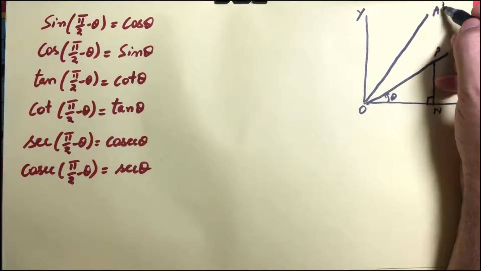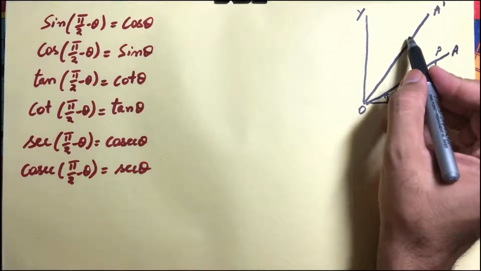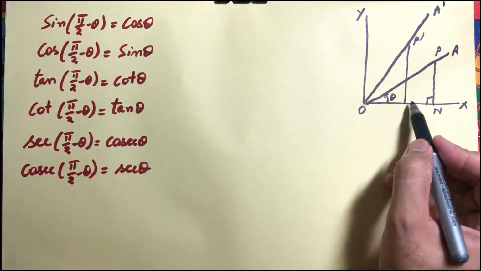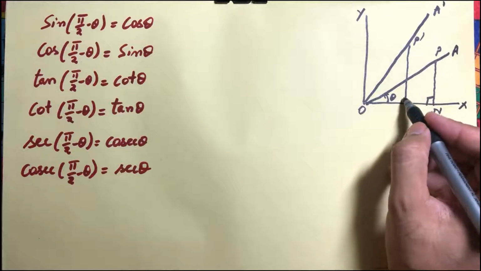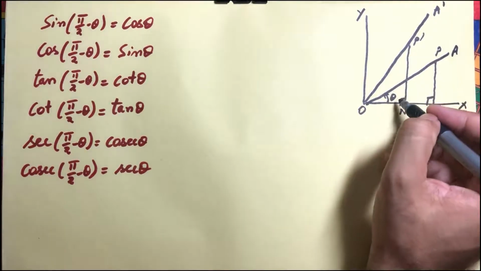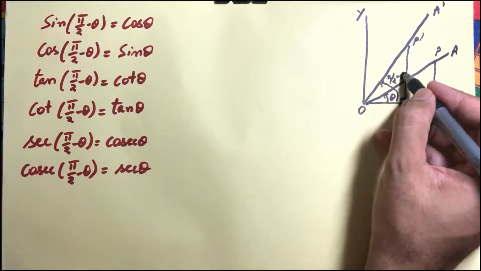Let this be A dash, this is A. Now here we again have a point P dash, and we draw a perpendicular from here and name it N dash. So now clearly this angle is pi by 2 minus theta.